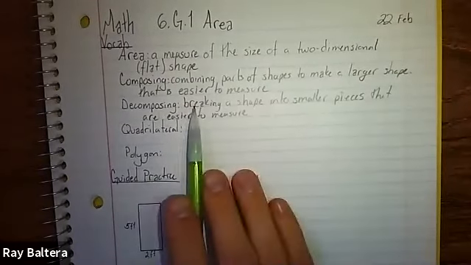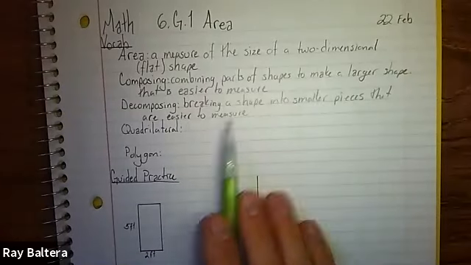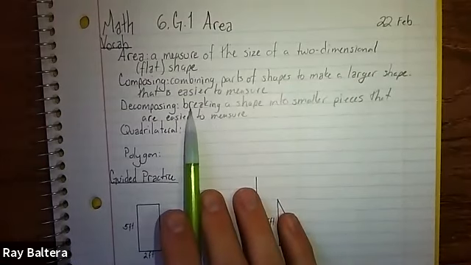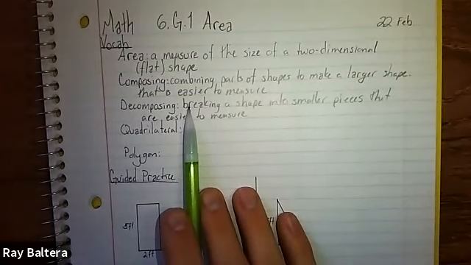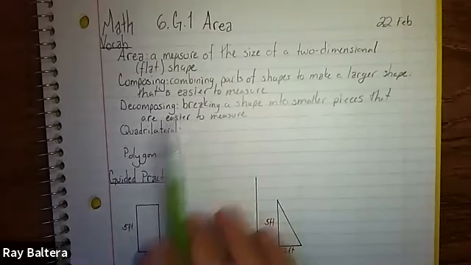Again, decomposing is breaking a shape into smaller pieces that are easier to measure. I'll spend a lot of time doing this today, or I guess this week, decomposing. Decomposing is a very important skill to have.